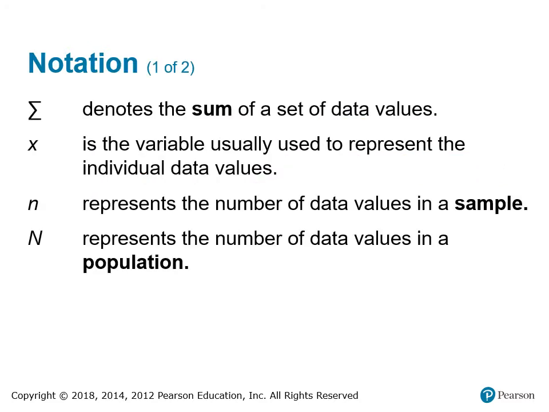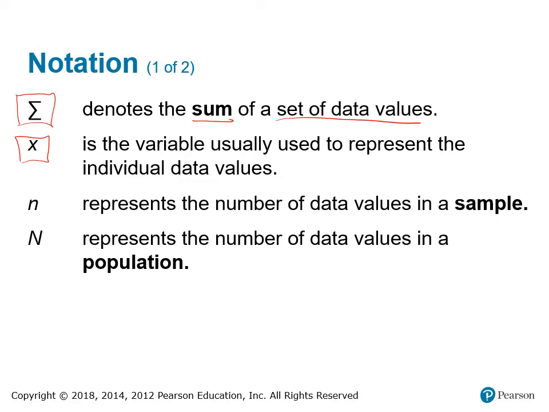Okay, here are a couple of symbols that we're going to have to start getting used to. You're going to see these a lot. This symbol right here is a sigma symbol, a summation symbol. It tells you that you're going to have the sum of a bunch of values. You're going to add a bunch of things together. A lowercase x specifically is the variable used to represent an individual data value.